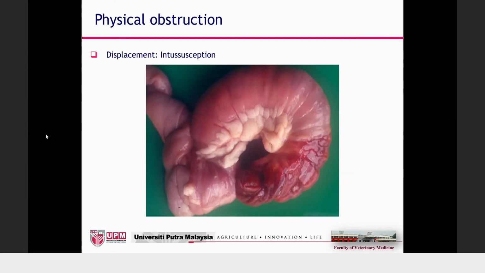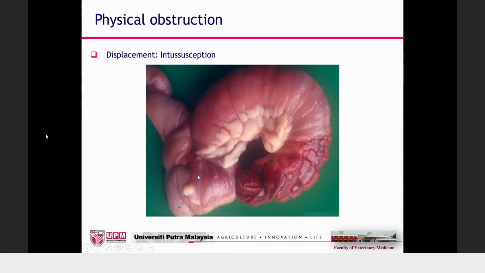This is an example of intussusception as a result of displacement. I'm sorry I cannot show you how the intussusception occurs, but you can foresee that part of the intestine is moved inside the intestinal area, and this area will later undergo necrosis.